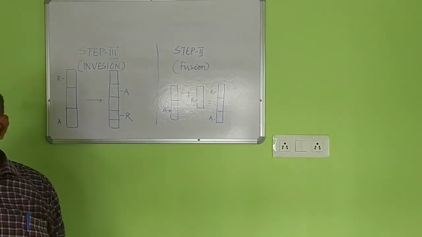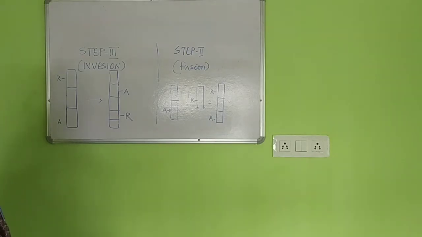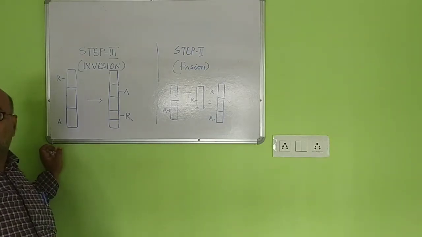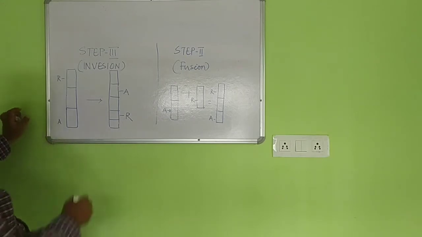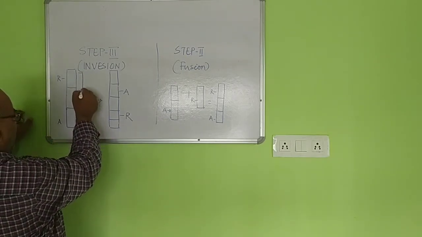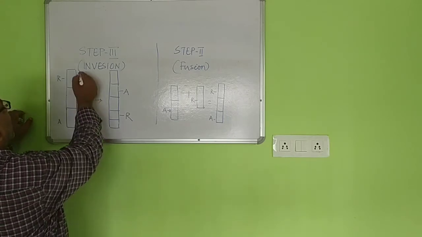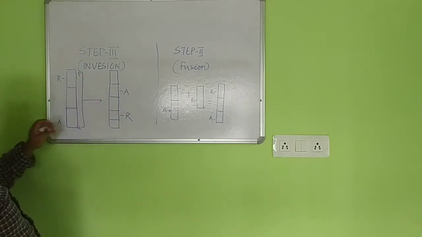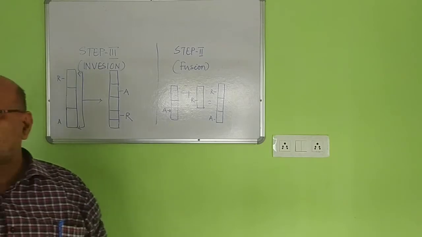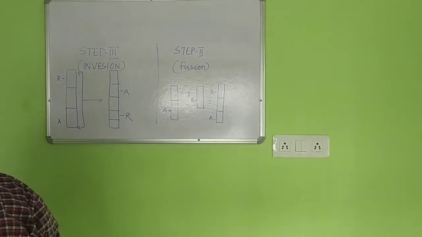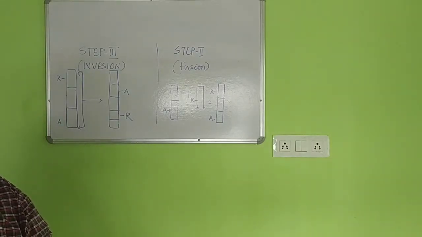Okay, and what happened? The portion which generally remains within this chromosome will be converted to this form. Next, come to step 4, inversions.